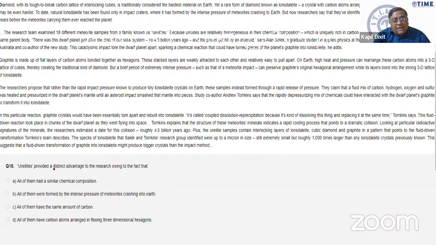Ureilites have provided a distinct advantage to the research owing to the fact that all of them had a similar chemical composition. The research team examined 18 different meteorite samples from a family known as ureilites, because ureilites are relatively homogeneous in their chemical composition. They have a similar chemical composition. Okay. So you could have easily marked this as an answer choice.